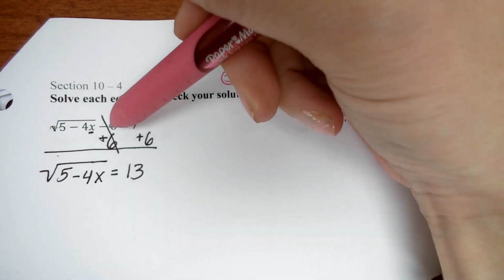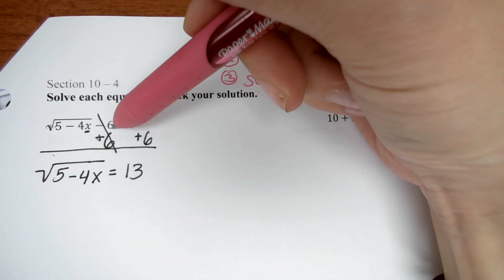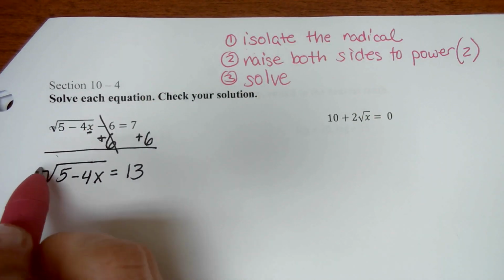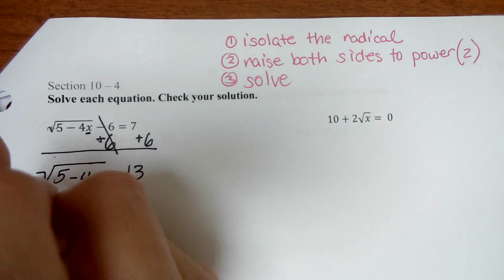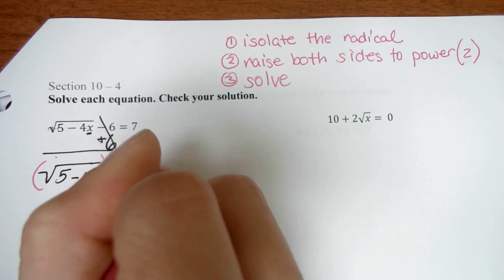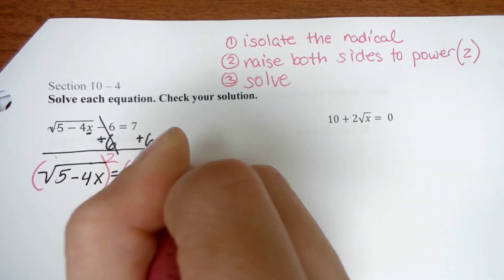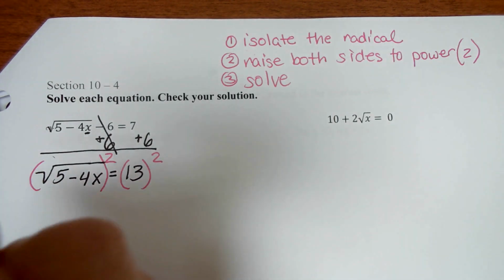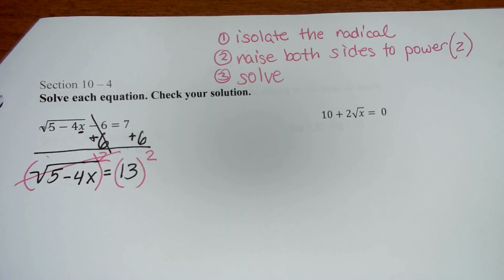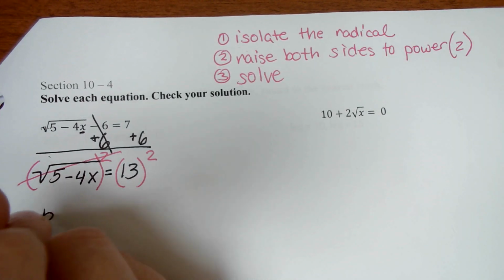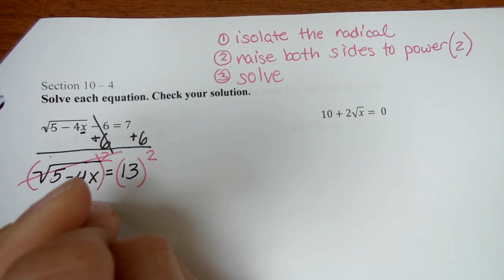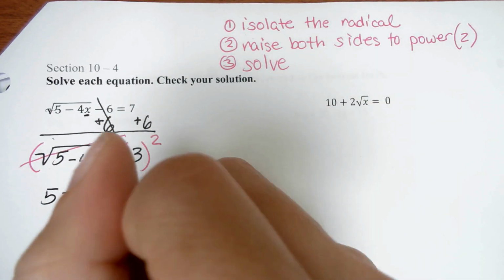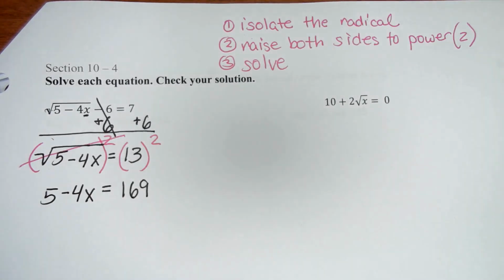The same way up here, we had -6, so to get rid of it, we did the opposite and added 6. Here, we have the square root, so to get rid of that, we're going to do the opposite, and square both sides. Raising this square root to the power of 2 cancels it out, and that leaves us with just 5 minus 4x equals, and then we square the other side, and that gives us 169.